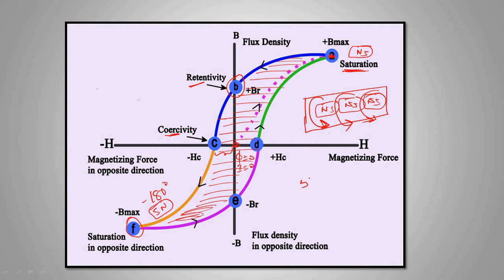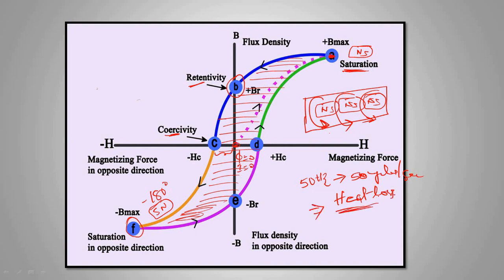So for our supply, that is nothing but 50 Hz, our incoming supply will make 50 cycles per second. That means these magnetic dipoles have to rotate 50 times per second. That will generate heat loss, that we will call the hysteresis loss.